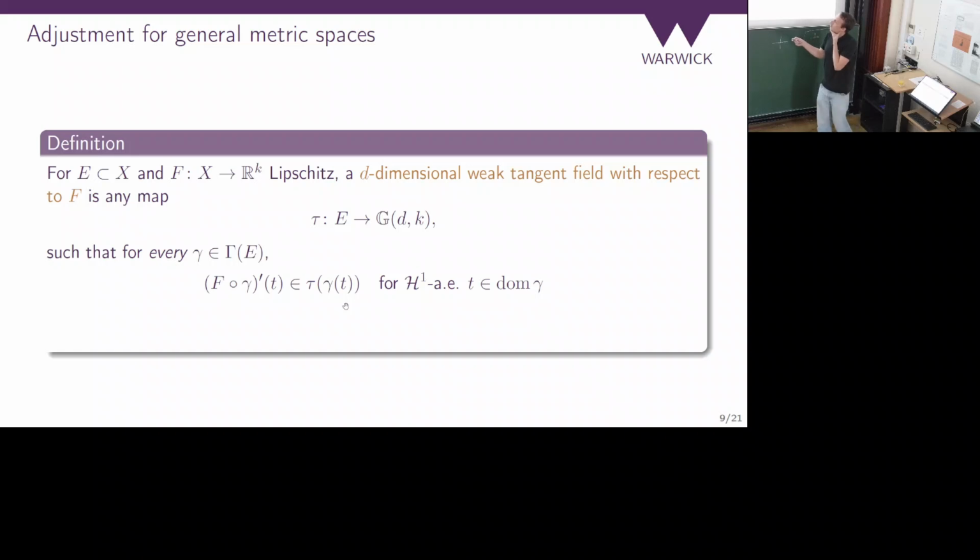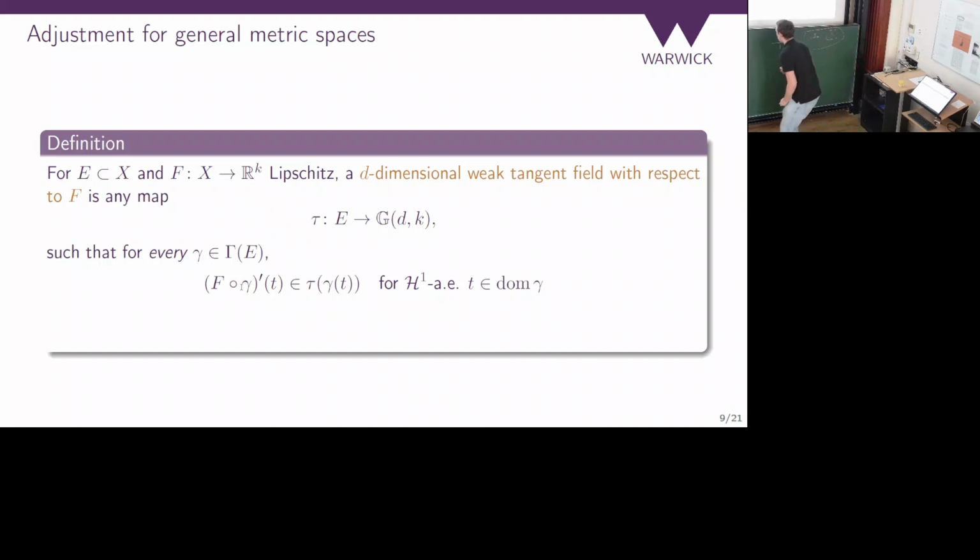So as I told you before, these things make sense in a metric space, so I should probably tell you how you make sense of the weak tangent field in a metric space. The way you do it is, not only do you have a subset of a metric space, but you also have a Lipschitz map F into some Rk. Here you want to think of F as being completely arbitrary and Rk being maybe very highly dimensional. A d-dimensional weak tangent field with respect to F is now any map that is the same as before, except we've changed the condition. Instead of gamma prime being in the direction of the tangent field, we require F of gamma prime to be in the direction.